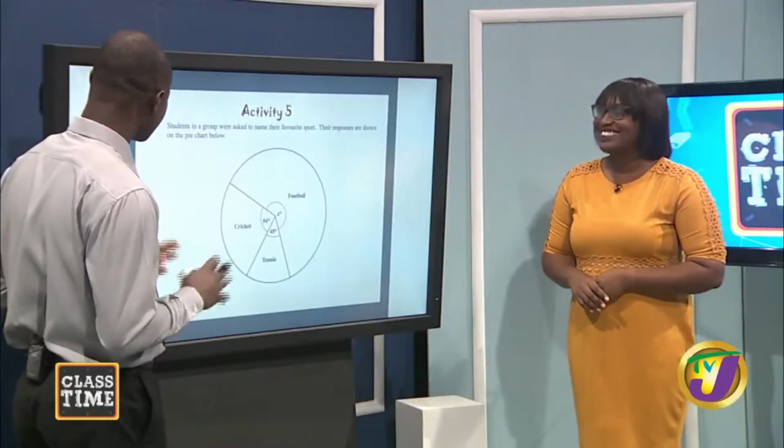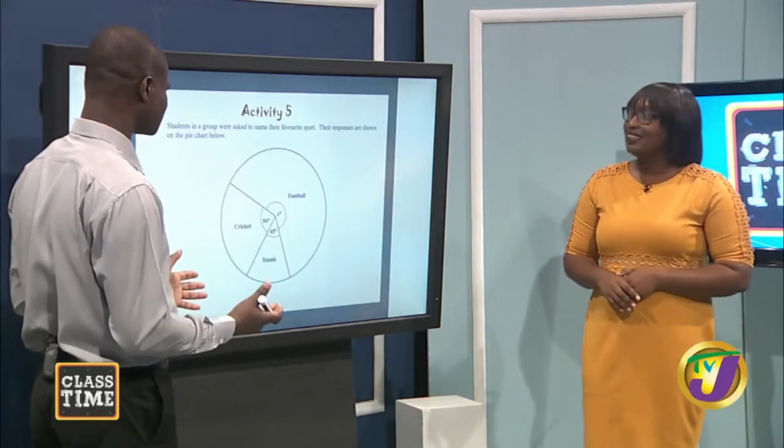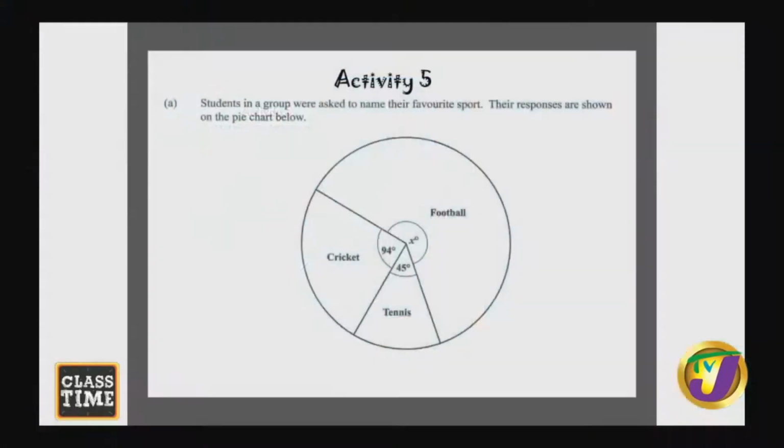Here we also see angles. What is the sum of the angles in a pie chart, in a circle? The sum of angles in a circle is 360 degrees. So all of the angles in the circle should sum to 360 degrees. There's a lot of information we can get from this question, and we can actually preempt some of the questions that are going to be asked.